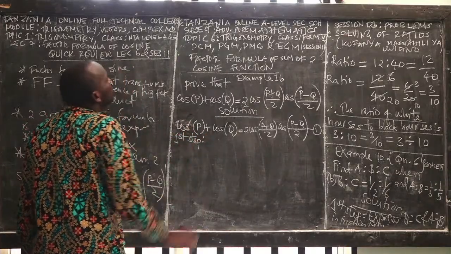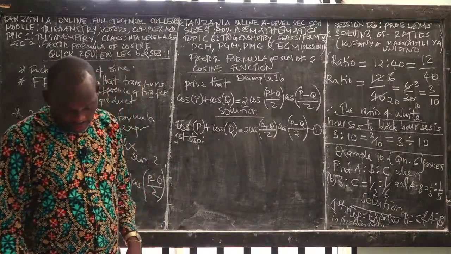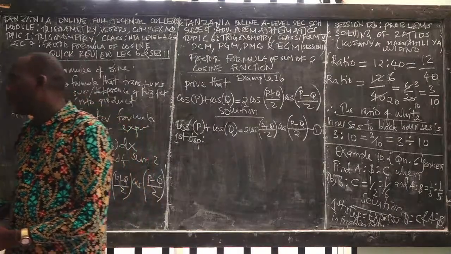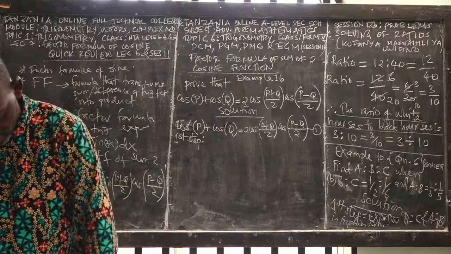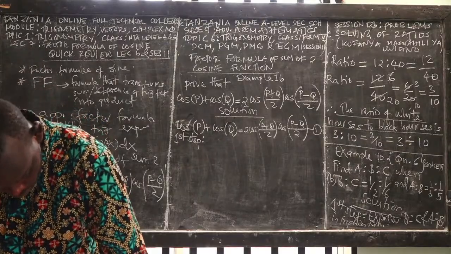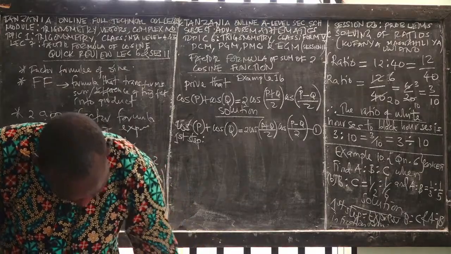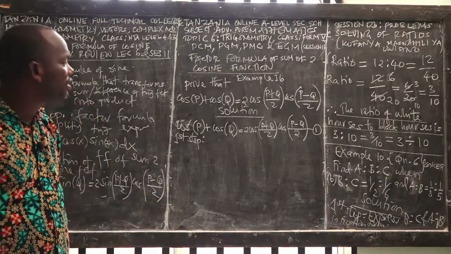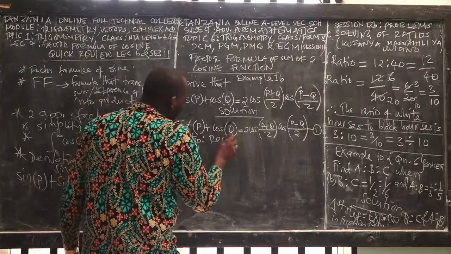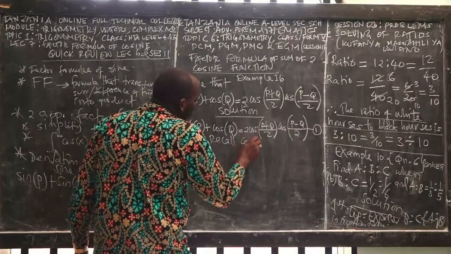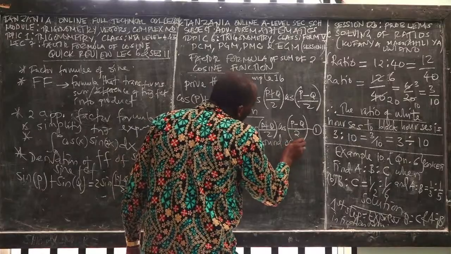So the first step, dear students, in order to derive the factor formula of the sum of 2 cosine functions, is to recall the compound angle of cosine, not of sine, of cosine.